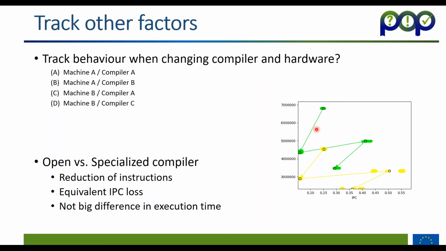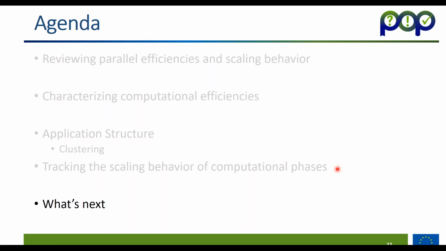And we had the tracking here that some of these changes correspond to a change in compiler, some of them to a change in machine. And you can really compare the behavior of the same code on different machines, not at the very coarse, gross aggregated level, but by looking at the internal evolution of some of the individual regions in the program. So what I have described is the basic techniques.